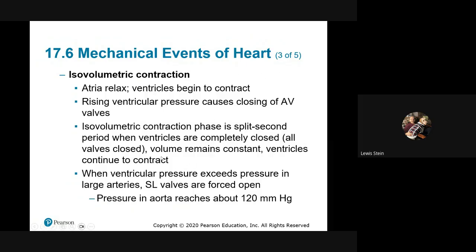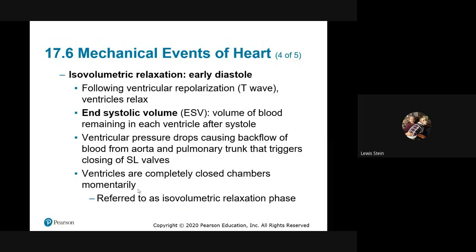So it's a split second where everything's closed, and since your pressure is increasing, the volume remains constant. So the pressure increases enough to overcome whatever back force there is in the aorta and the pulmonary artery and force them open. And the aorta eventually reaches typically 120 millimeters of mercury. That's when we begin to see ejection.